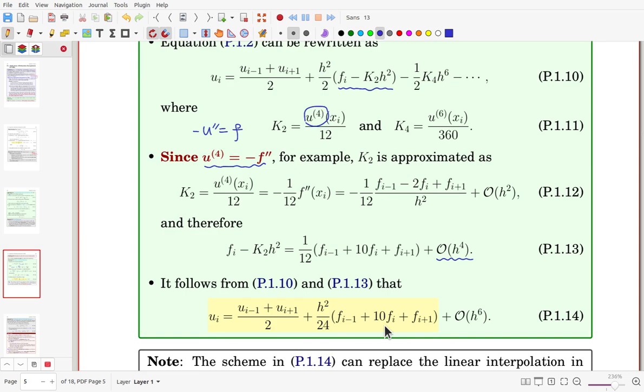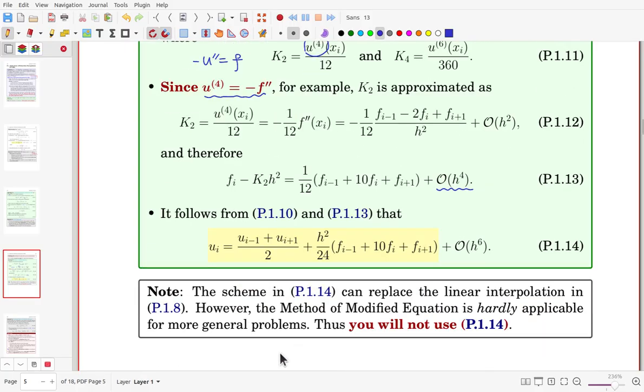So it is a really high order interpolation. However, this technique is hardly applicable for more general problems, particularly 2D and 3D, and it's not really simple. So in this project, you will not use this technique.